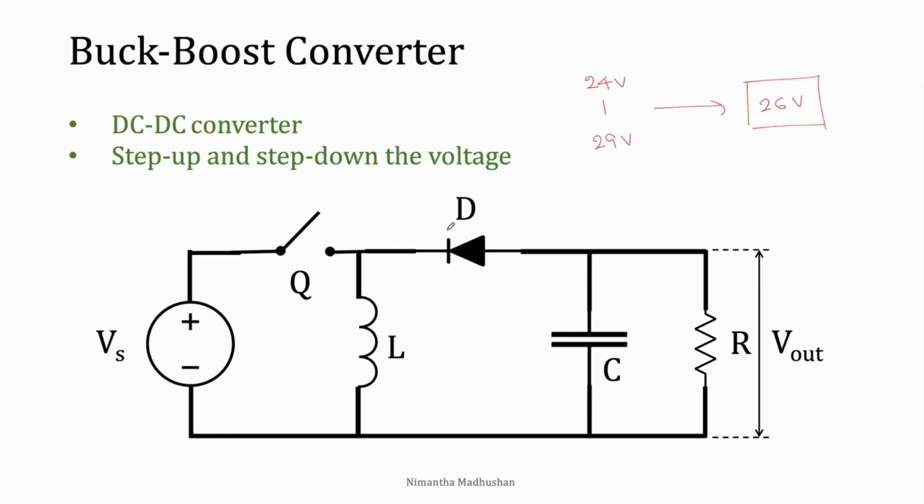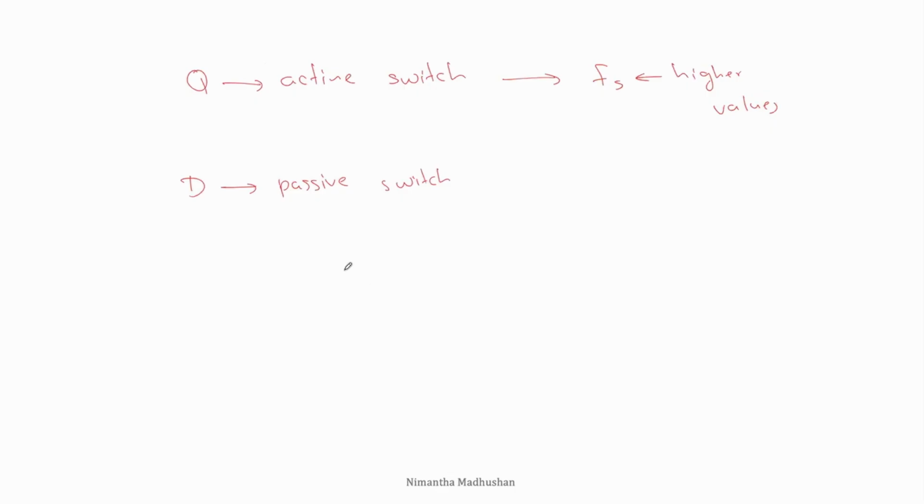It will be on or off based on the voltage applied to this anode and cathode. Now let's move to the operation of switch on and switch off.